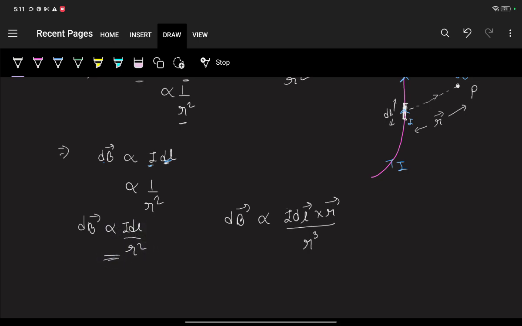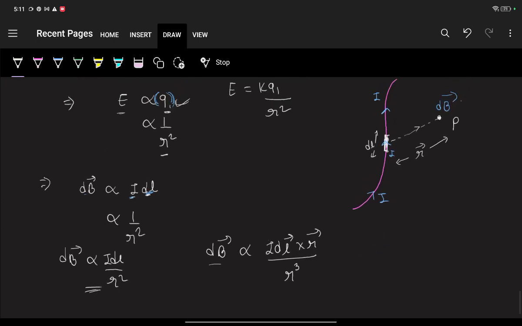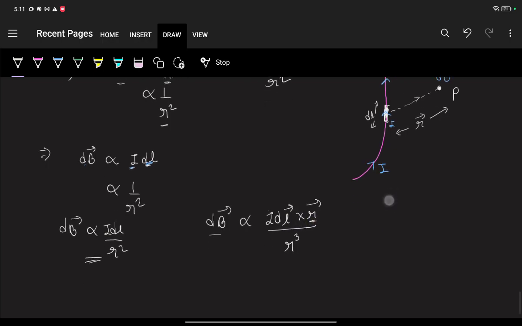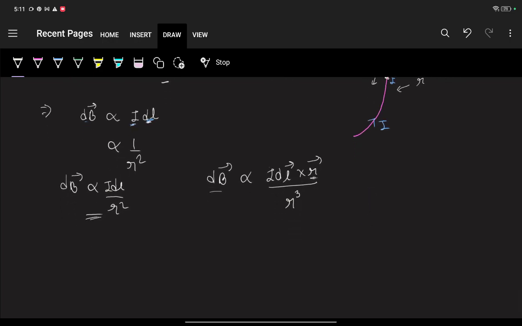First, understand that the magnetic field is directly proportional to Idl cross r. Remember, this is the perpendicular distance, that's why there is this cross product. If you remove the proportionality sign, we will get a constant, mu 0 upon 4 pi, into Idl cross r upon r cube.